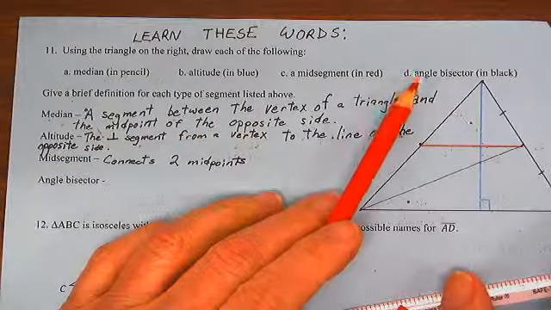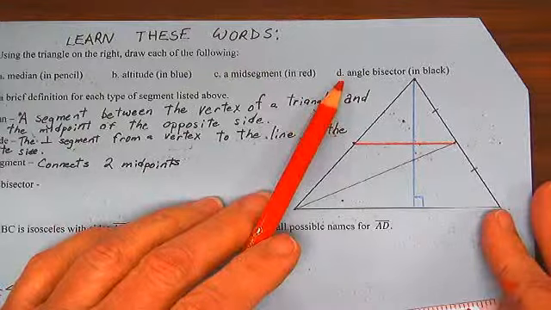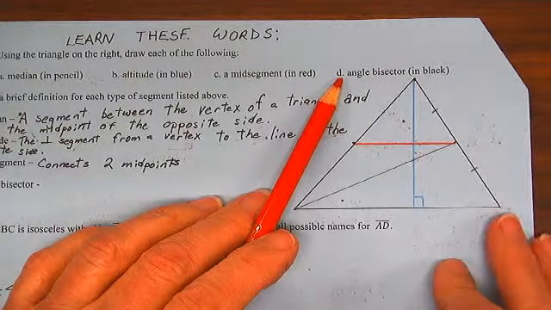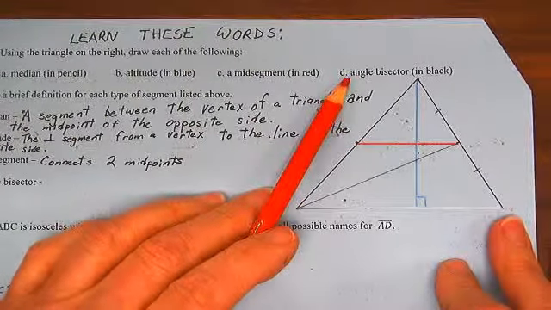Finally, we want an angle bisector. Again, with good compasses, we could construct good angle bisectors.